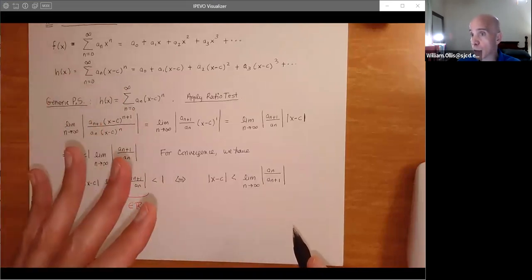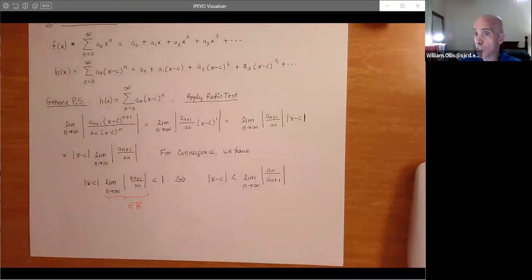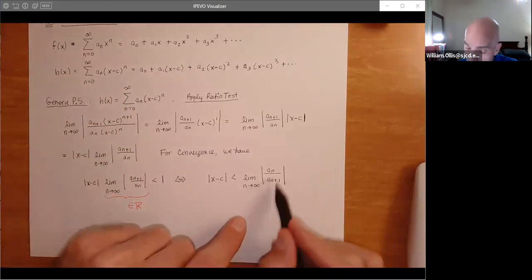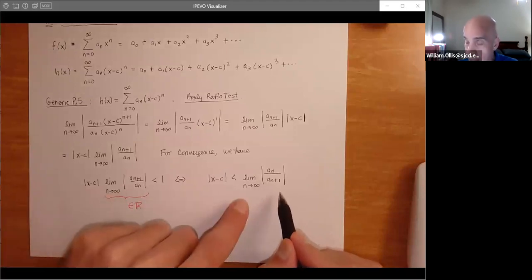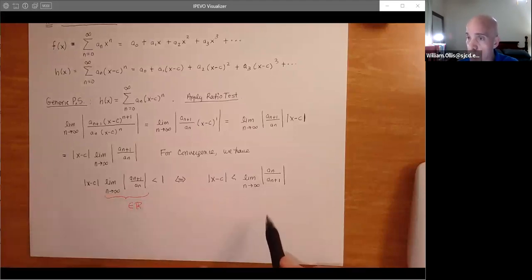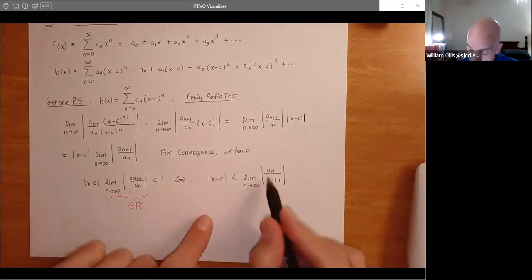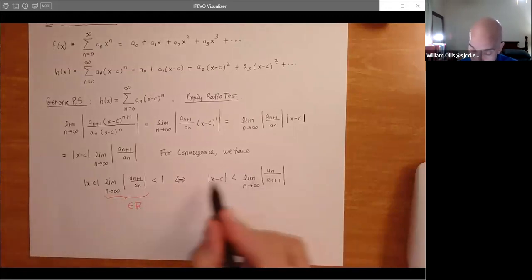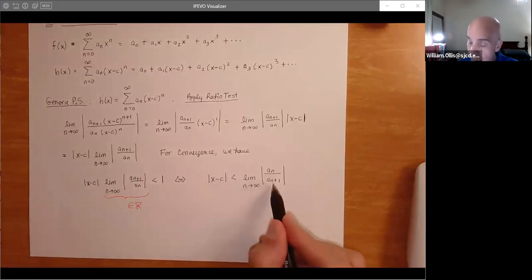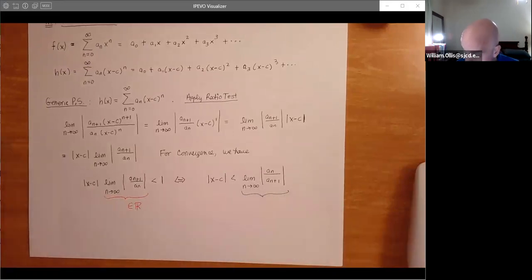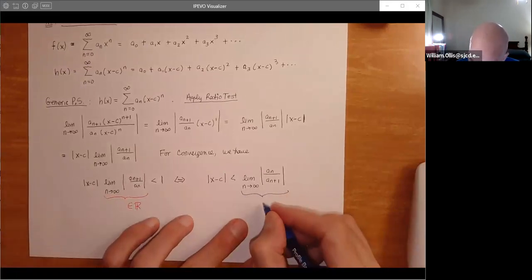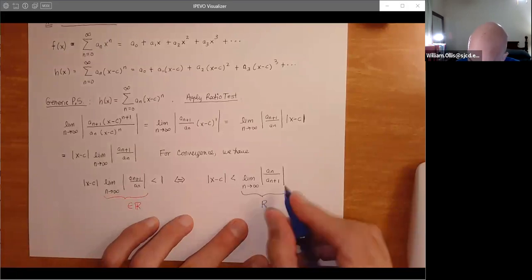If it did turn out to be 0, we'd have to look at that as a special case. But now we can see that we've got this positive number here, and then we've got the conjunction. So we remove the absolute value and put the additive inverse on the other side and leave the actual unchanged number to the right. So let's give this a special name for now. We're going to call this R for radius of convergence.